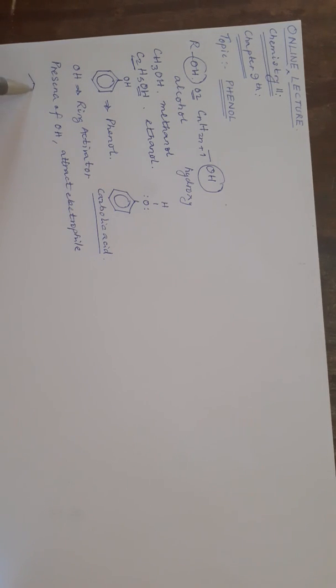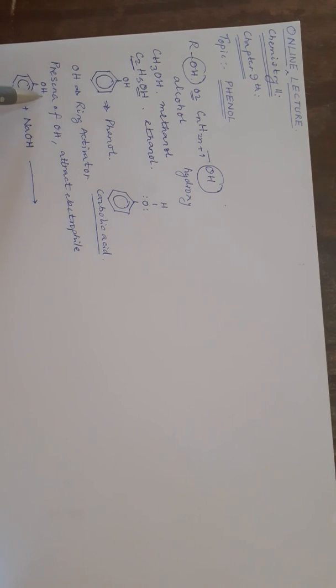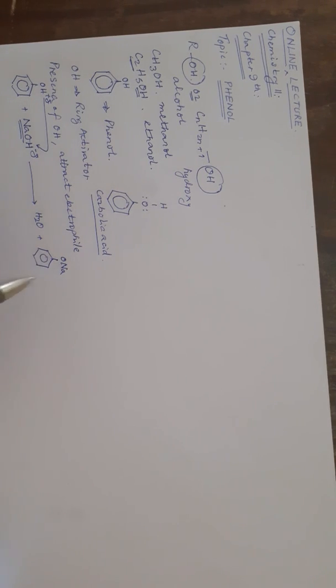If you, for example, have a phenol and you add a base, let's say sodium hydroxide to it, then in the acid-base reaction the H goes to the OH, and because of the charge distribution here, it forms, of course, water, and this group ONa is attached to the ring.